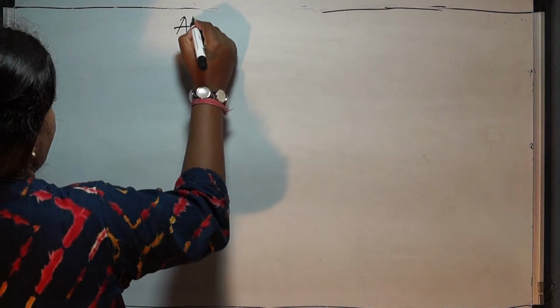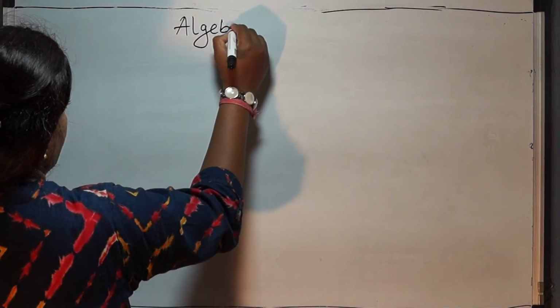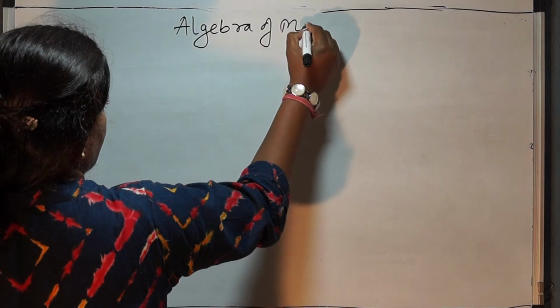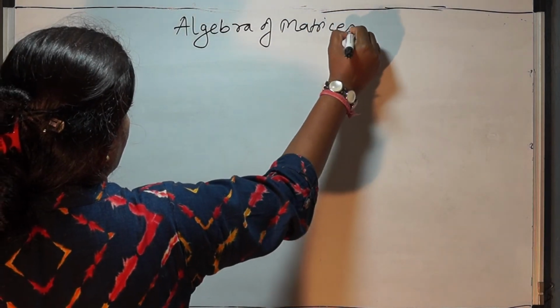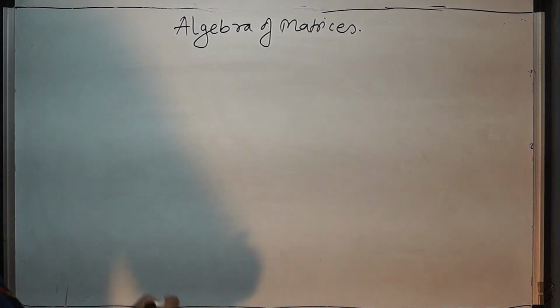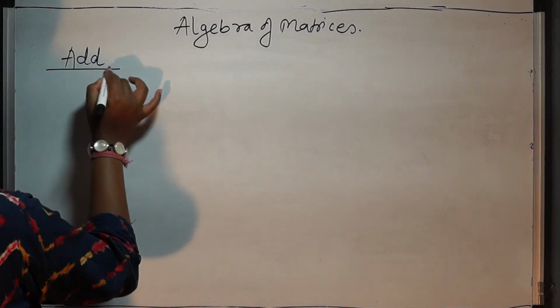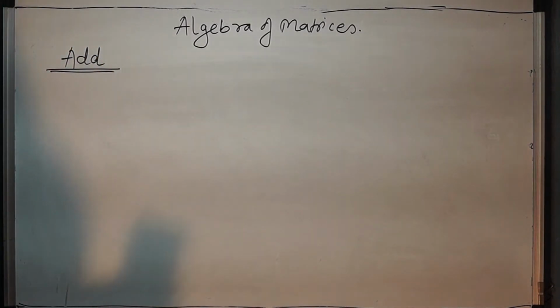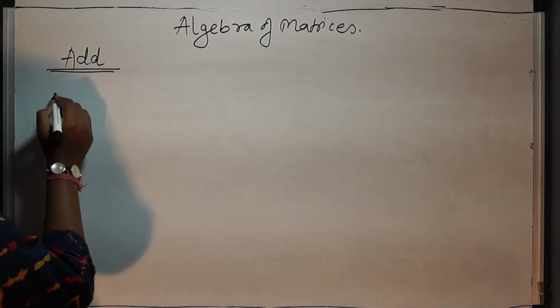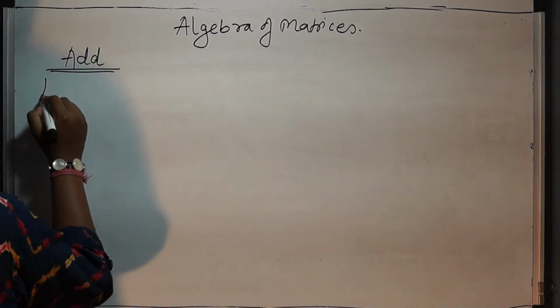Now algebra of matrices. We can add two matrices. It's just simple. Let's take one example.